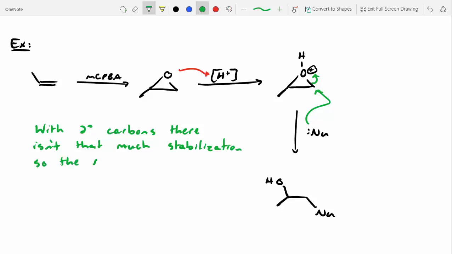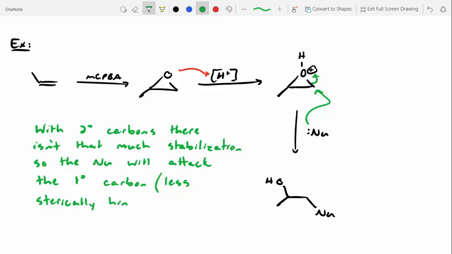So the nucleophile will attack the primary carbon, since it's less sterically hindered. We've changed the regiochemistry, but we haven't really changed the stereochemistry, right? The nucleophile is still going to add anti to the alcohol, and you're going to get an inversion anytime you do an SN2-like attack. Is this only for uncharged nucleophiles?